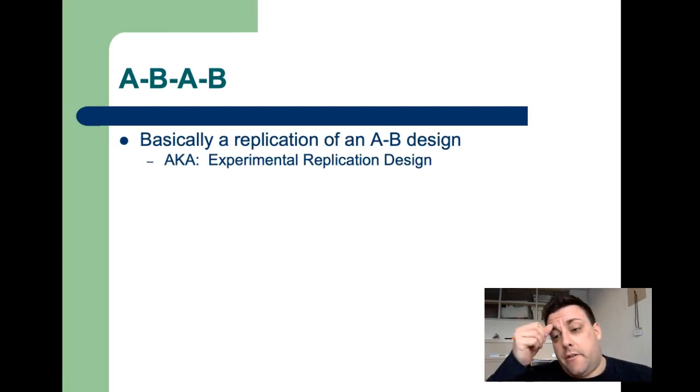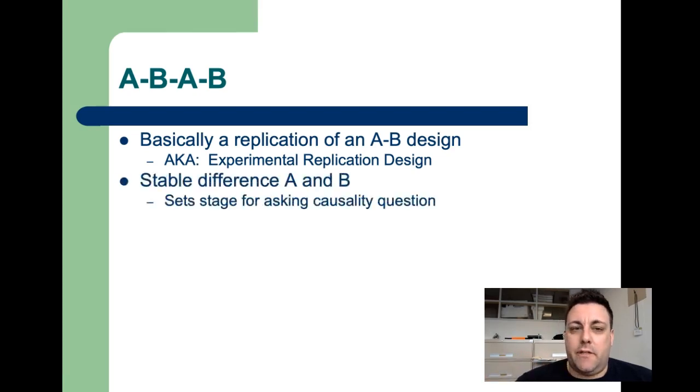And so the next extension of this would be something like an AB-AB design. You've got this oscillation between baseline and intervention phases. These are also known as replication designs or experimental replication designs. What we're really looking for in an A, then B, then A, then B design is the presence of effects in the B phase and the absence of effects in the A phase.